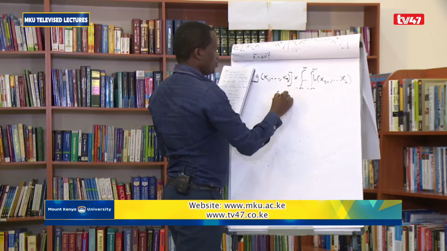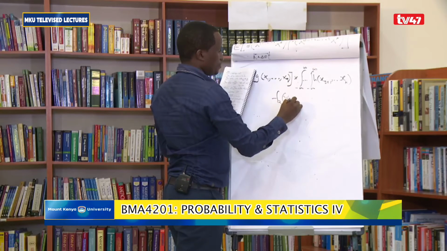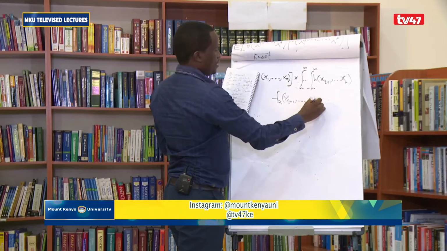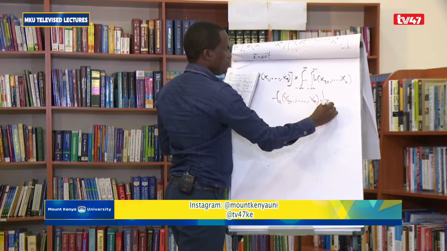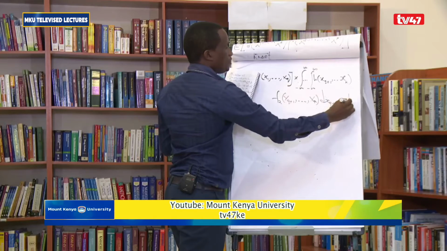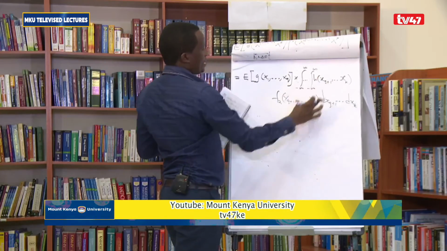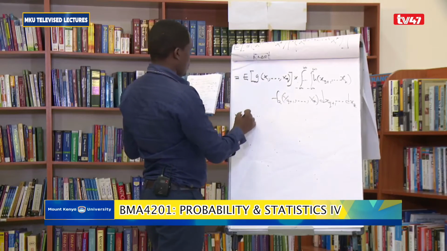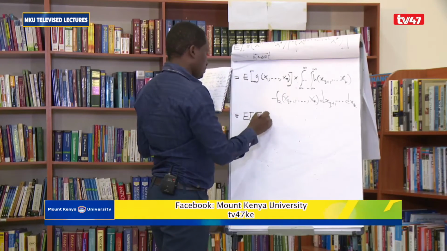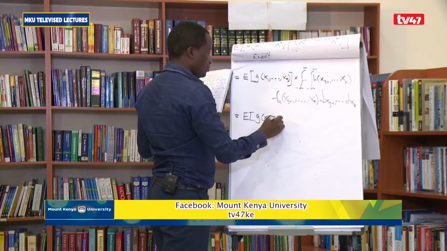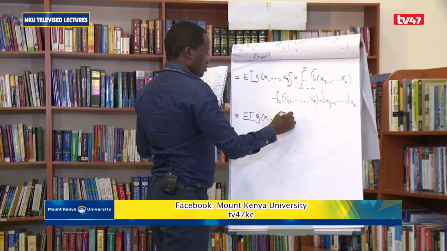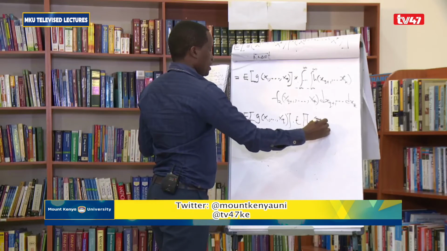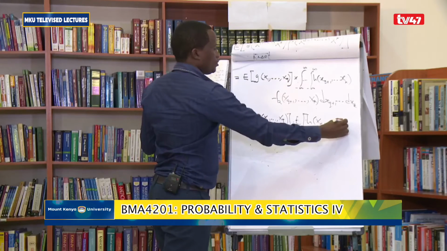Then f2 xq plus 1 all the way to xk dx q plus 1 all the way to dxk. So again, this other part is the expected of h. So the result is expected of g x1 all the way to xq multiplied by expected of h xq plus 1 all the way to xk.